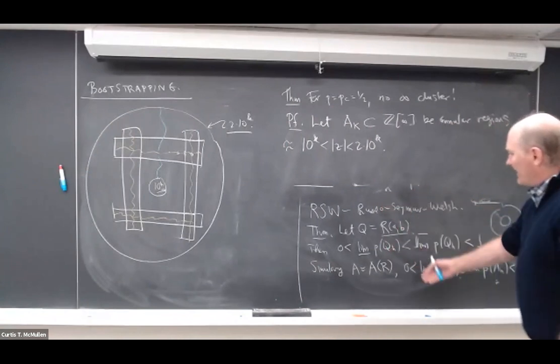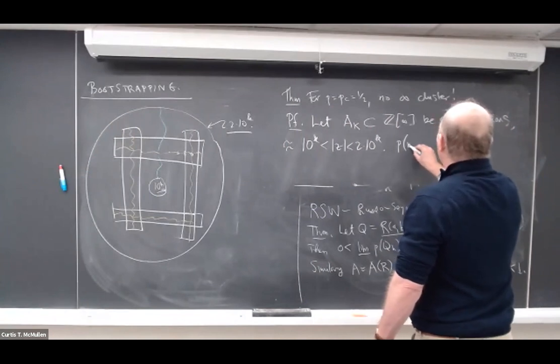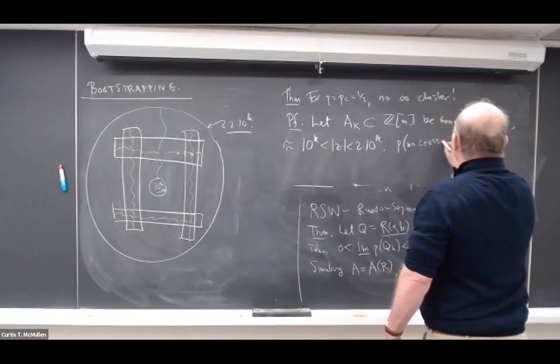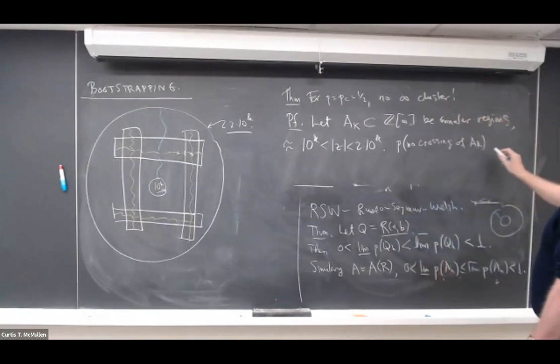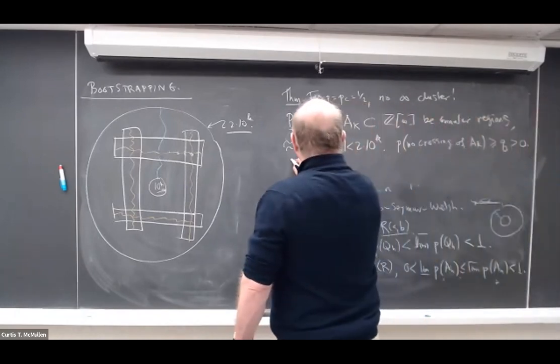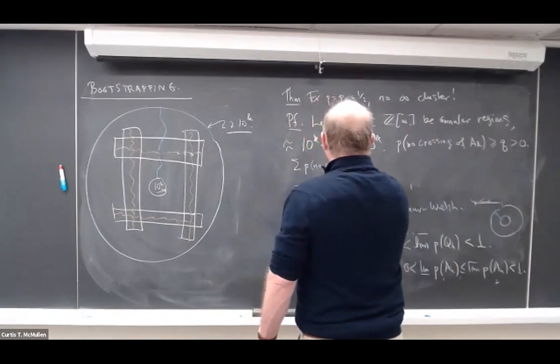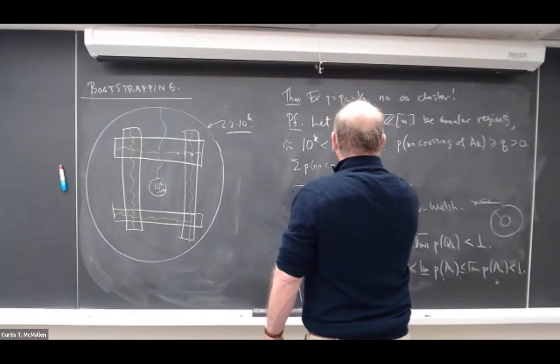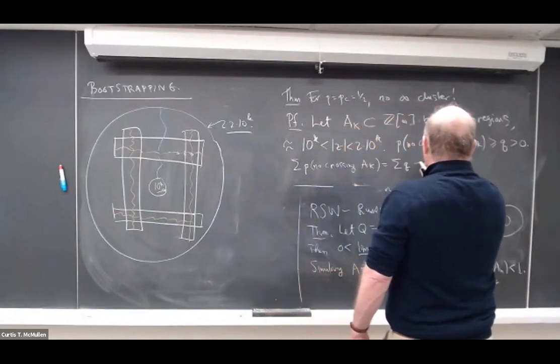And so by this RSW theorem, the probability of no crossing of A_k is greater than or equal to some constant q greater than 0, independent of k. Now the sum of the probabilities of no crossing of A_k is equal to the sum of these q's, which is equal to infinity.